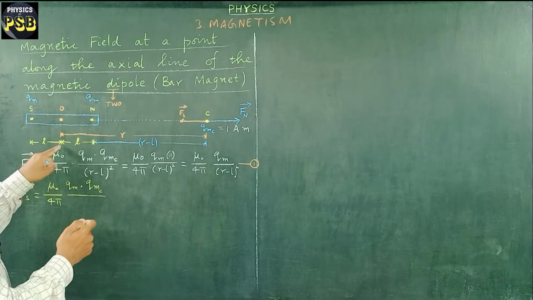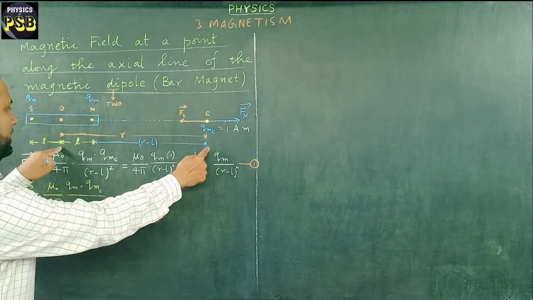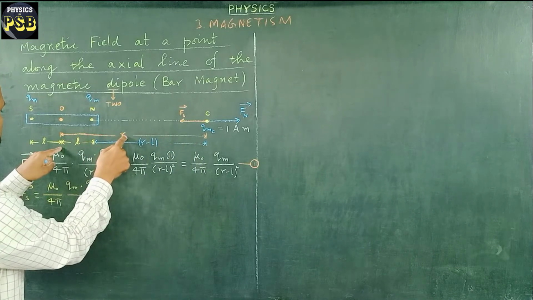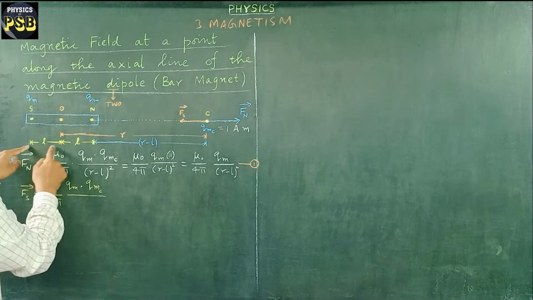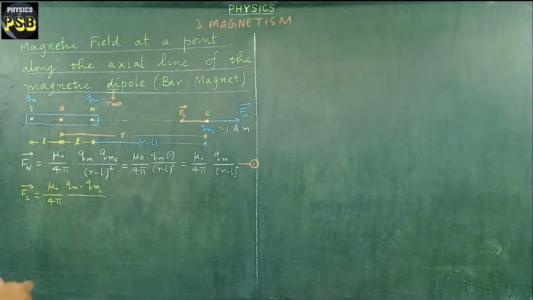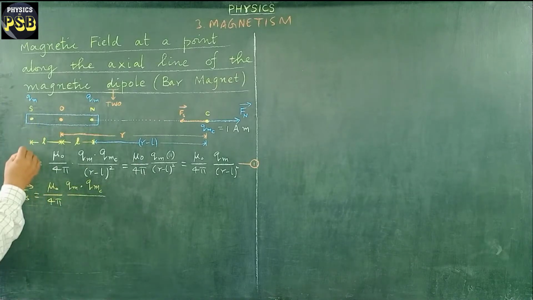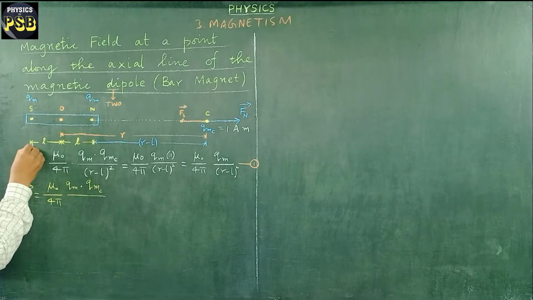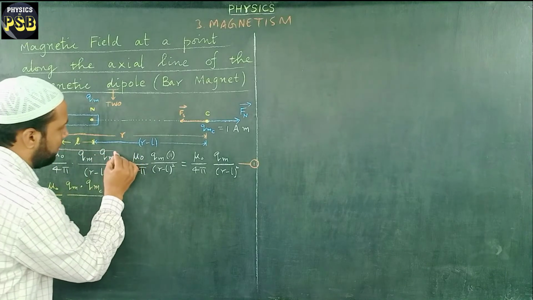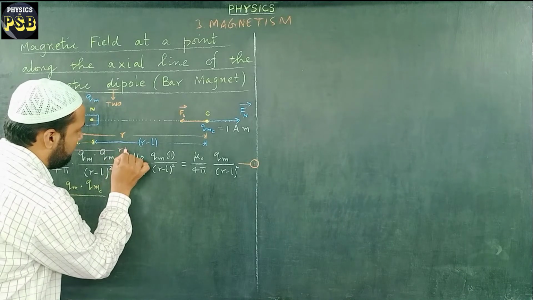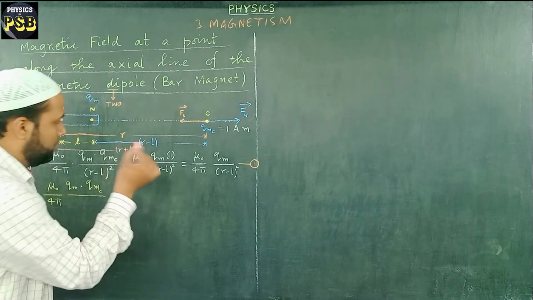The distance between O and C is R. The distance between O and S is L. So if you add this, you will get the total distance. And it is nothing but R plus L.